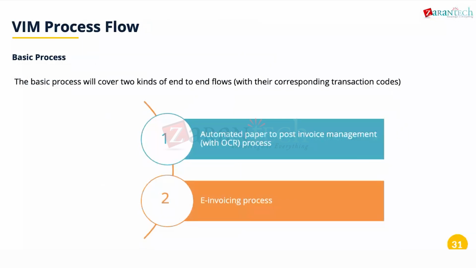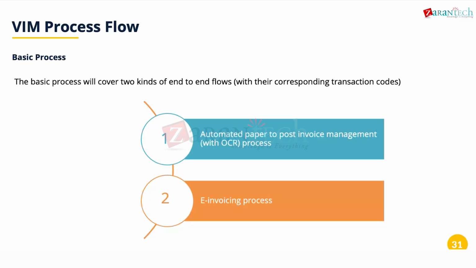Okay, so I think we talked about this slide anyway. So what kind of e-invoicing is there, and the automated paper and OCR process, where it is indirectly talking about structured and unstructured data. Structured data is where you get the invoicing like IDoc, XML, Ariba, where the data is coming in a structured format and you know what information is what, and then you know what to do with that information.